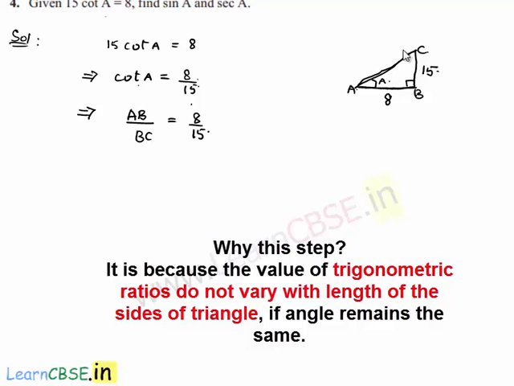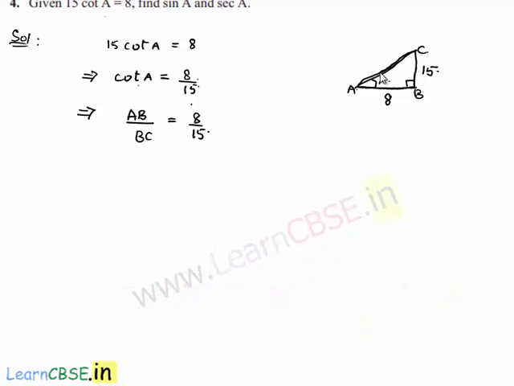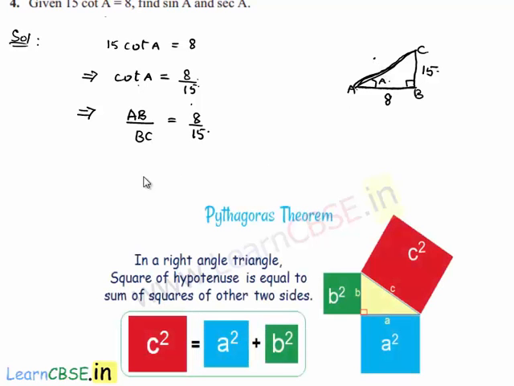Now in order to get sine A and secant A, we need to find the value of AC, the hypotenuse. By applying the Pythagoras theorem to triangle ABC, we know that the hypotenuse square is equal to the sum of squares of the other two sides. Here we can write AC square is equal to AB square plus BC square.